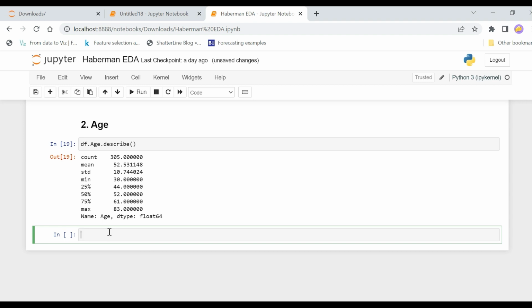Now we also want to understand the density of the distribution, like how the people who have come for the operation, the people who got operated at a particular year, are distributed. I also want to understand how skewed the distribution is. So df.age.skew.